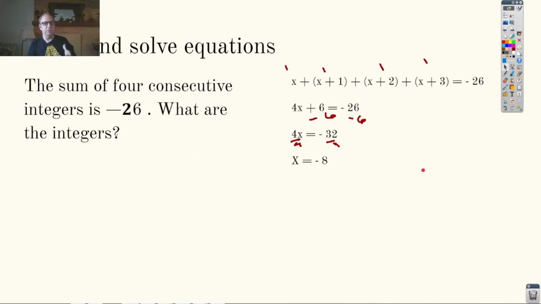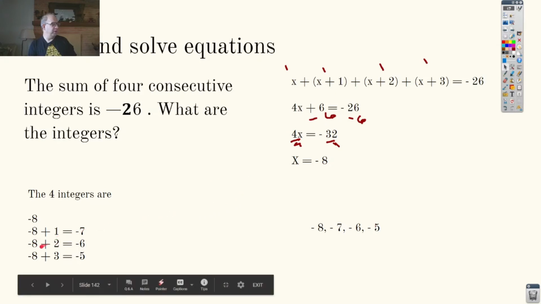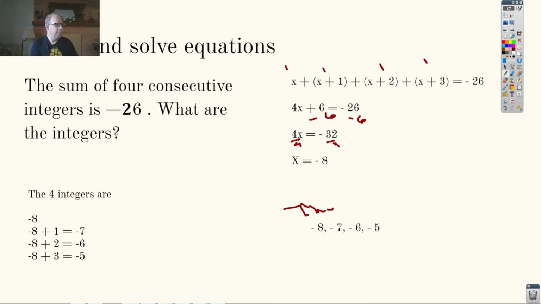I need all 4 terms. Negative 8 plus 1 is negative 7. Negative 8 plus 2 is negative 6. Negative 8 plus 3 is negative 5. So the 4 integers are negative 8, negative 7, negative 6, negative 5.